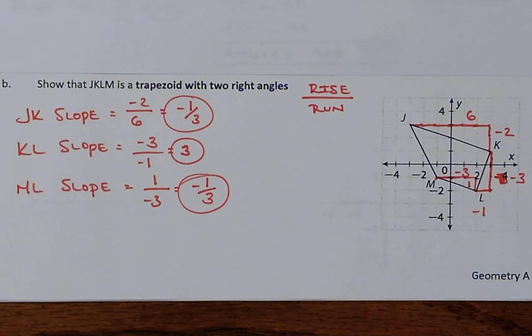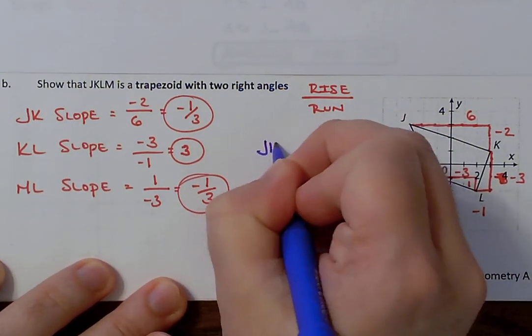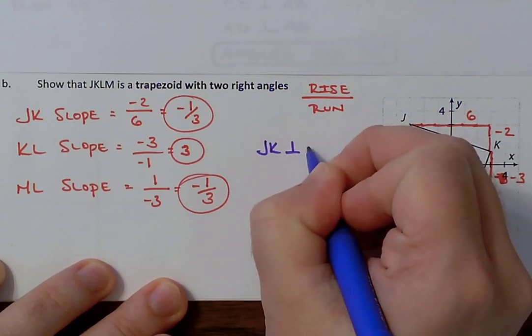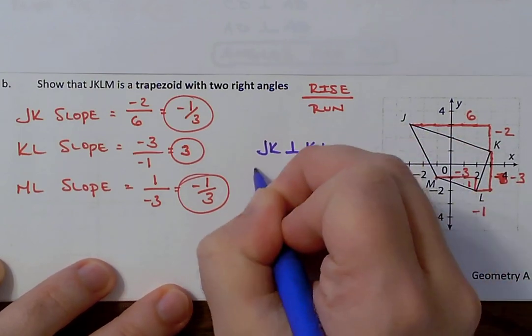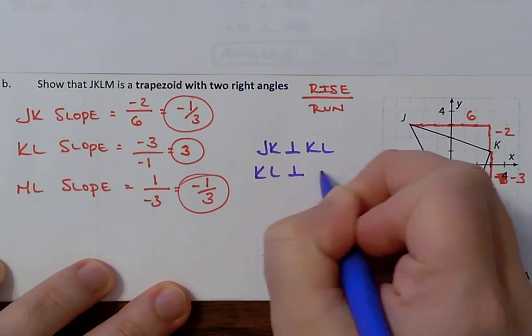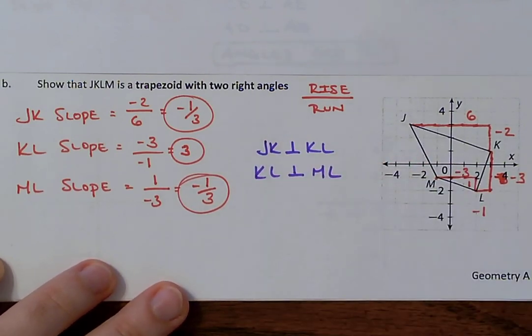So what this means is that JK is perpendicular to KL, and that KL is perpendicular to ML.